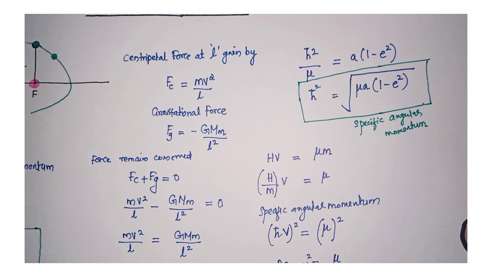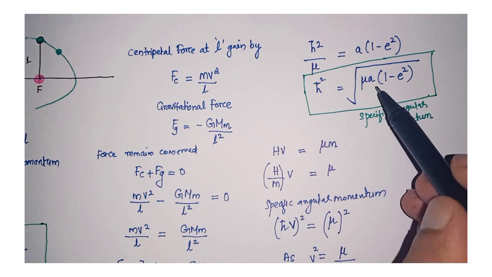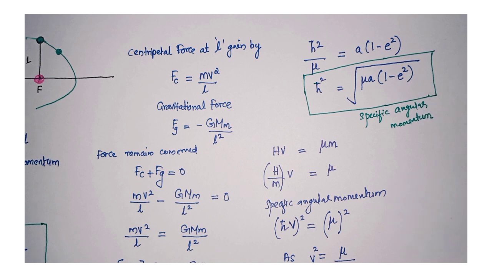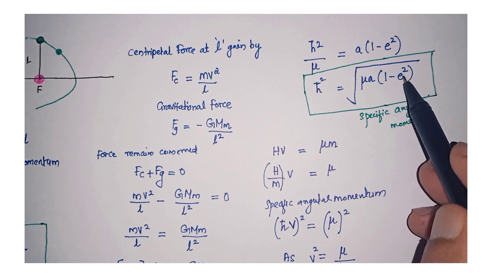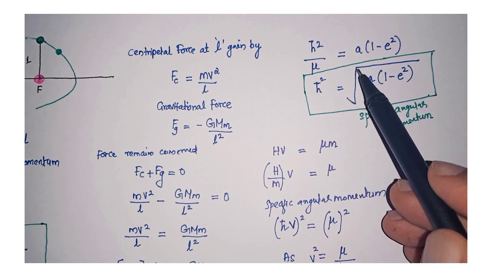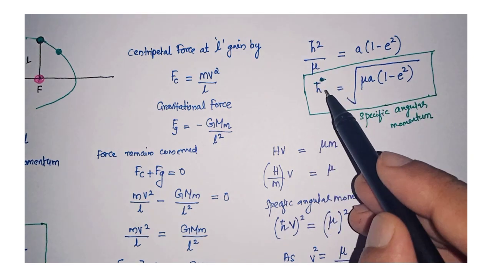So I think this concept is helpful for you. And this is an equation in terms of mu a into 1 minus e square, which involves the eccentricity value. Again, if you substitute e as 0 here, this is going to yield a circular equation, where h cap is equal to root of mu a, with no square.